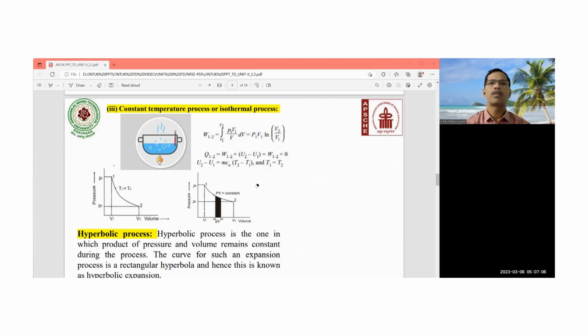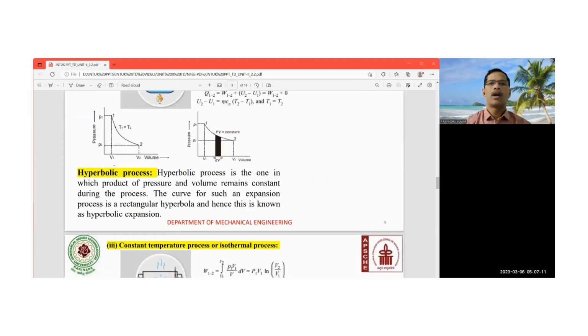The isothermal process you can also call a hyperbolic process or a quasi-static process. In both cases, PV is equal to constant. The hyperbolic process is the one in which the product of pressure and volume remains constant during the process.